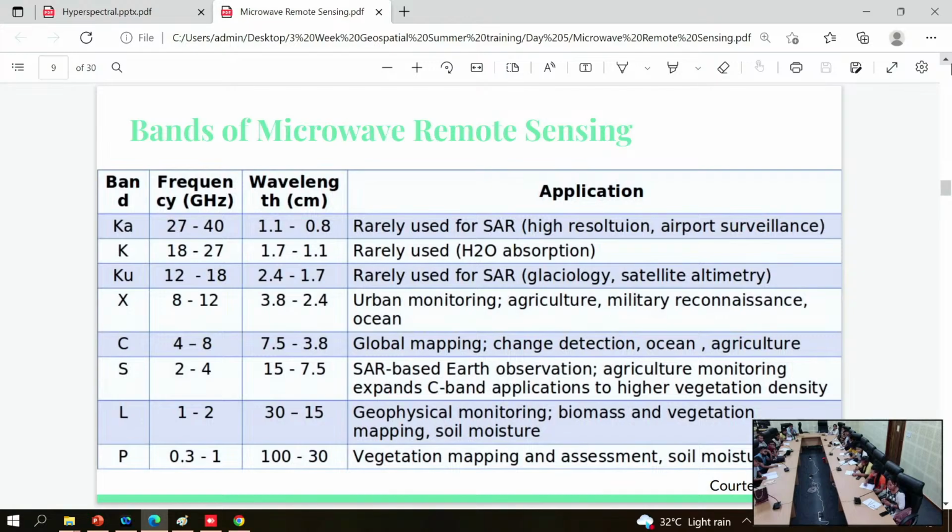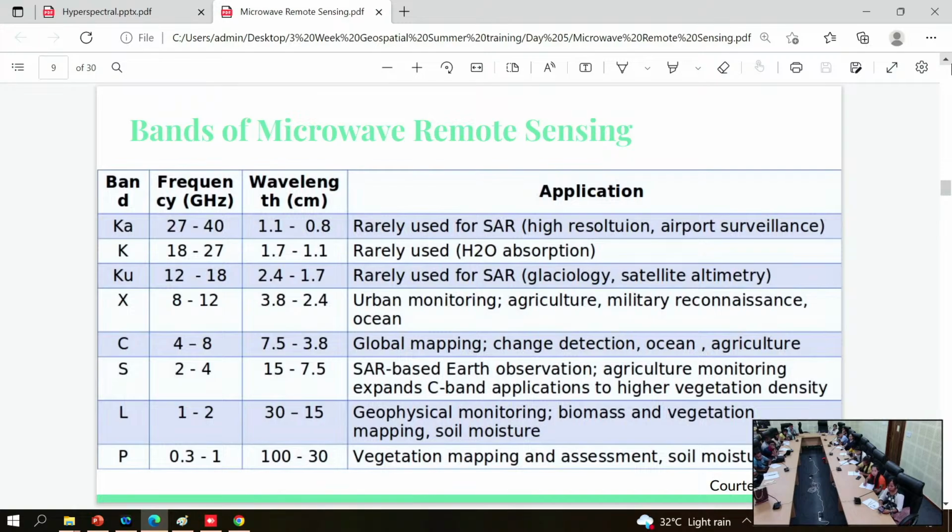Like how we have different bands in multispectral and hyperspectral, in case of microwave also we have different bands. We saw bands refer to different wavelengths, right. The common microwave bands are mentioned here.